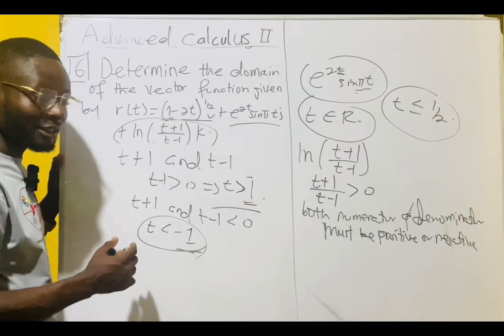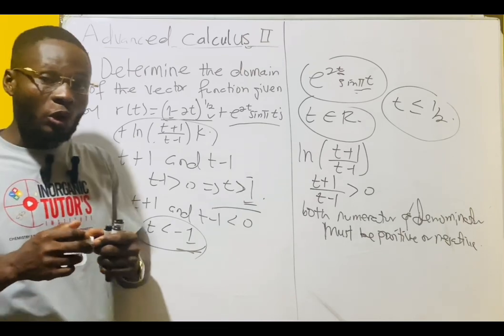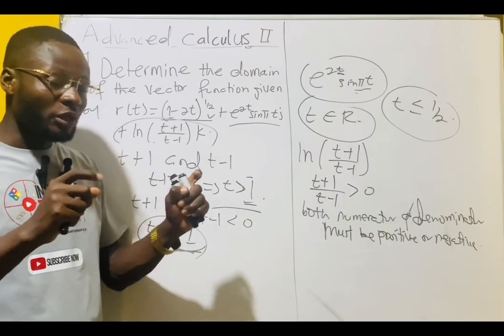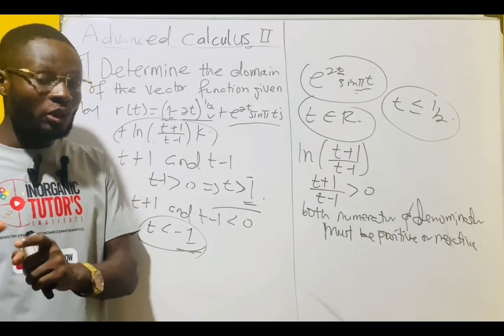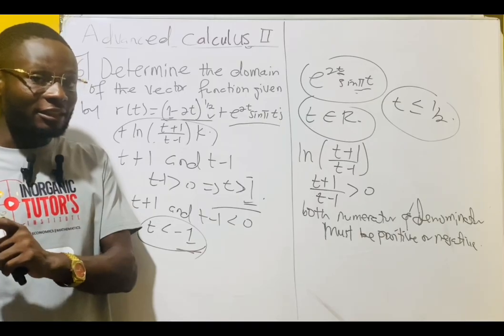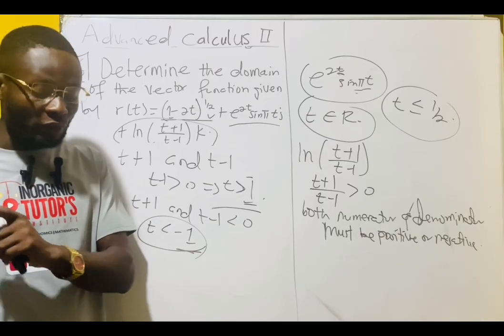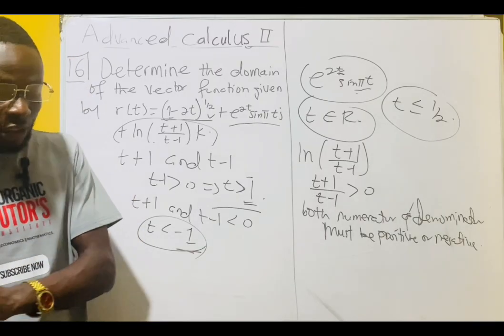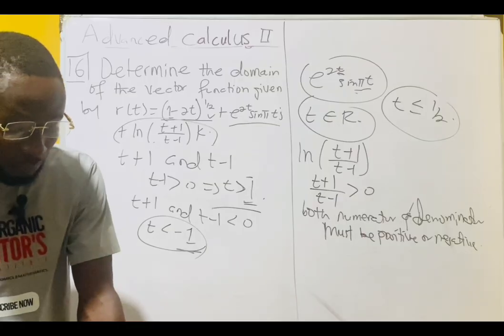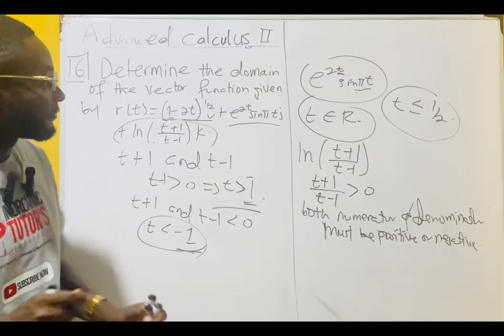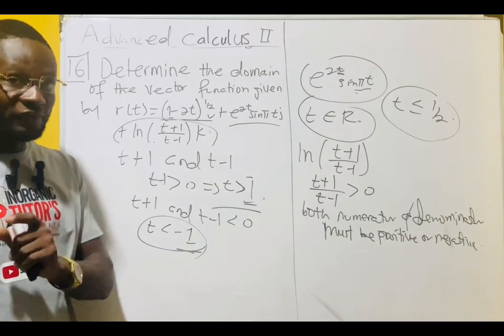So this means that our domain will have to exclude negative infinity to negative 1, and also exclude positive 1 to infinity, right?